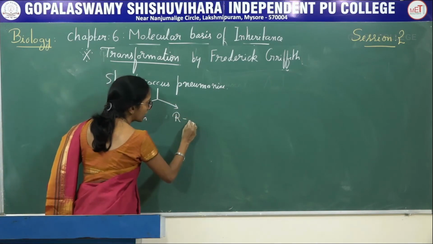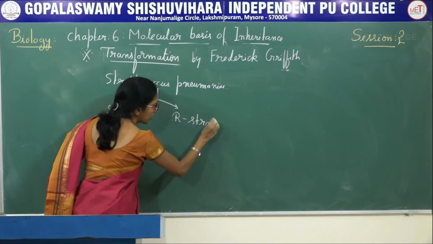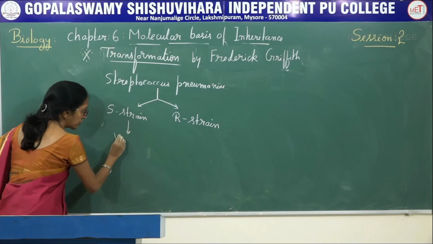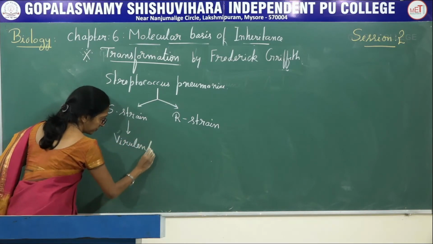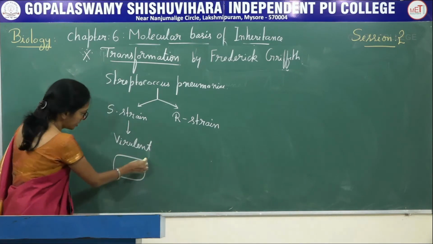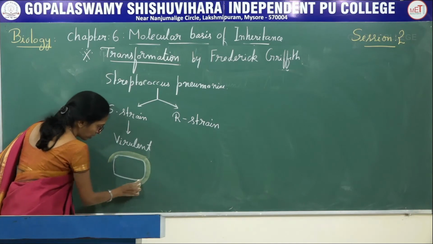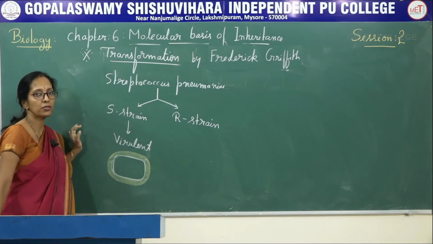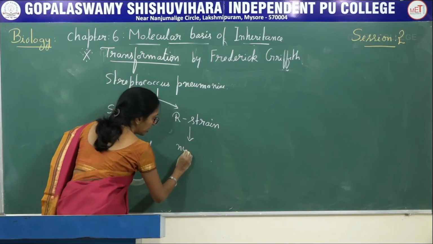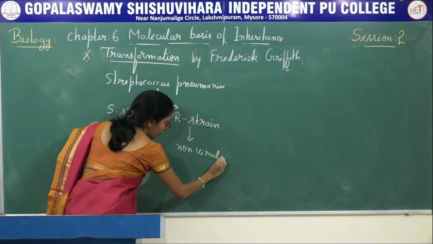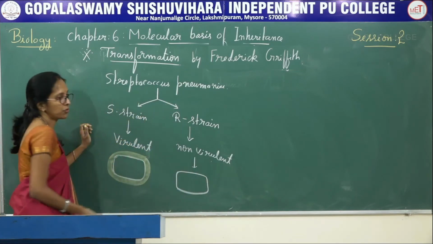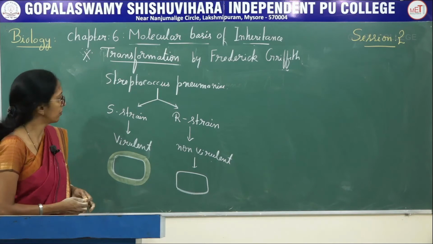The second one is the R strain, that is the rough strain. The smooth strain is said to be virulent. Imagine the bacteria is like this. Around the bacteria, there is a capsule, so that it is pathogenic, so that it causes pneumonia. The R strain is said to be non-virulent because there is an absence of capsule. It does not cause any pneumonia.